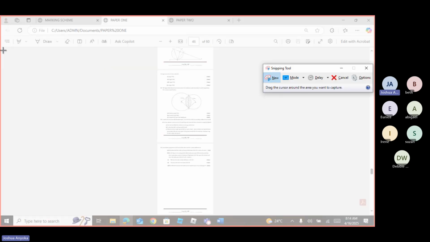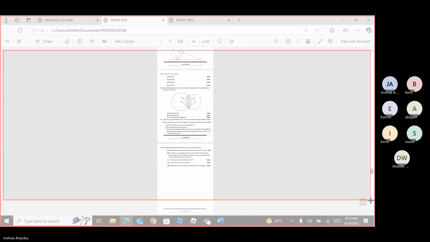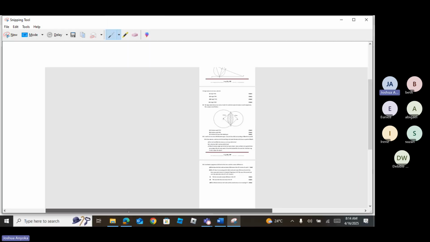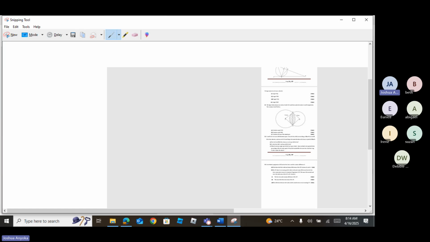Next, we want to move further. So in vectors, we have said one, we are supposed to know column vector in 2D and 3D. We should know how to represent a vector, vector notation, how to write position vector.